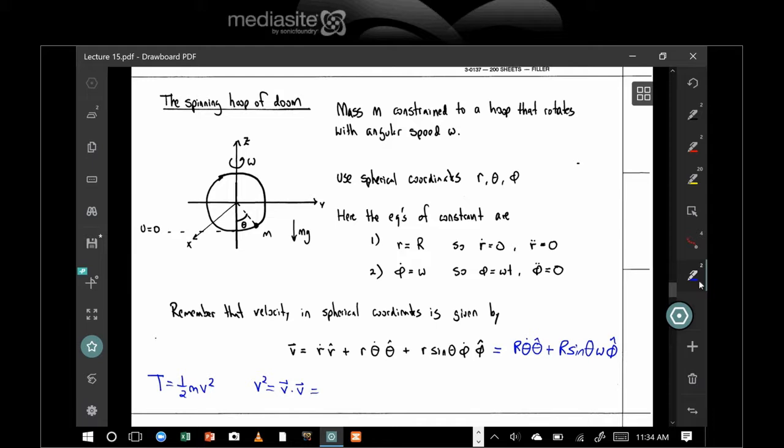Then I can calculate the square of that, or v dot v. I'm going to get r squared theta dot squared plus r squared sine squared theta omega squared. So that is my velocity, or speed, squared, and that's going to give me my kinetic energy.